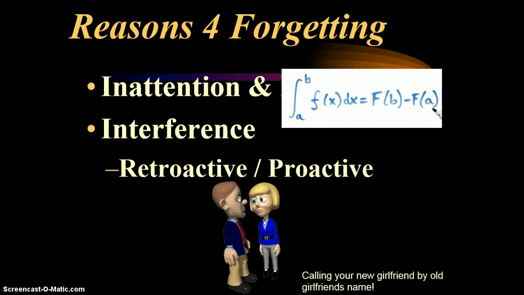But that sometimes happens because people will have something stuck in their head and they can't remember the new material, whether it be a name or a new procedure or whatever the case might be. That's called proactive interference, and again, very common.